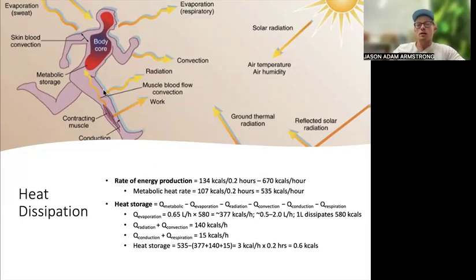We've also got a lot of ways to lose heat. Okay, so we could lose heat, especially by evaporation, right? So we sweat and that sweat evaporates and that results in heat loss. Okay, we have it by radiation. If the ambient air temperature is cooler than my skin temperature, then I'm going to lose heat by convection and by radiation.